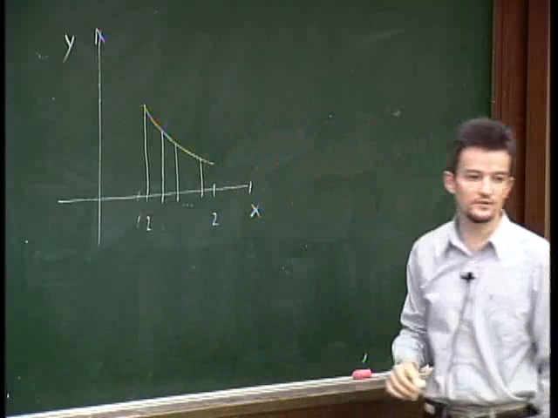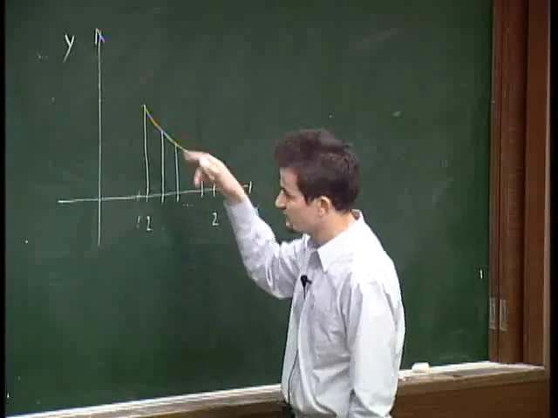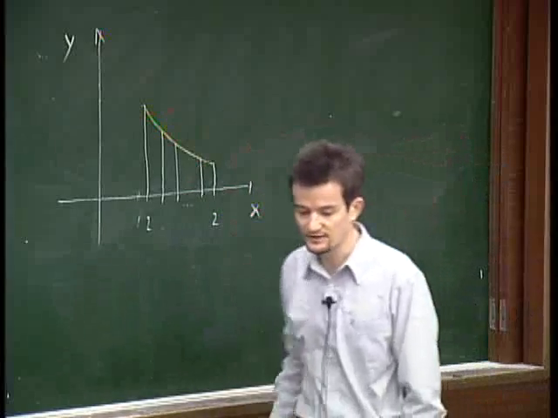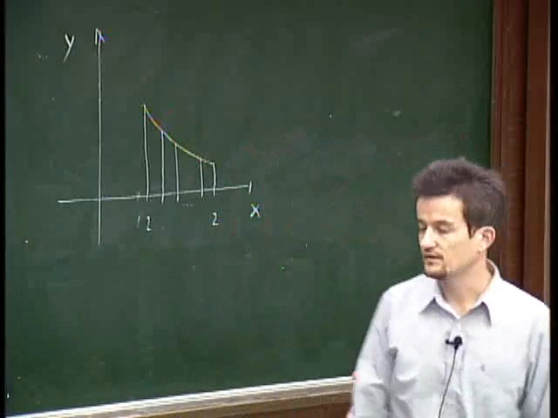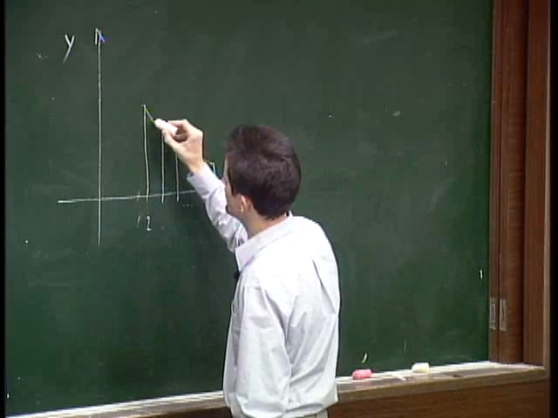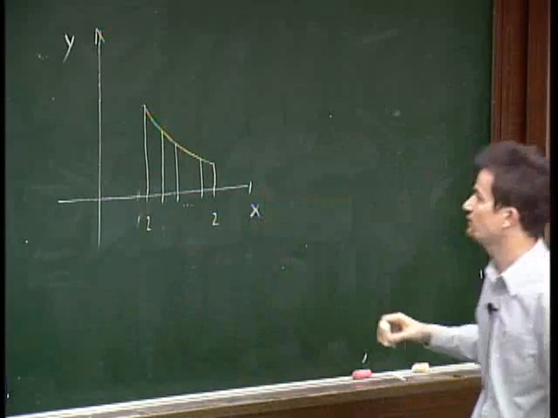Now in every subinterval we can choose a sample point. If the function is like this here, which is of course a special case because this function is decreasing, what you do is approximate this area by the area of a rectangle.